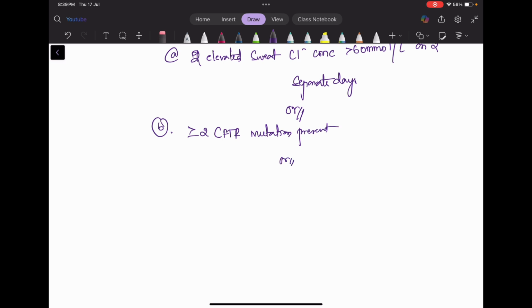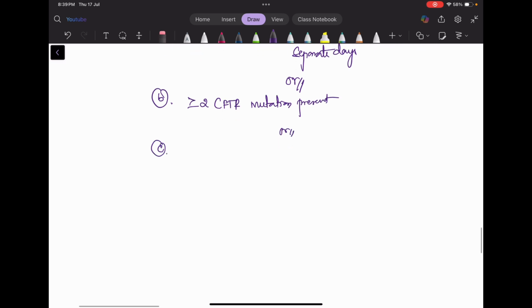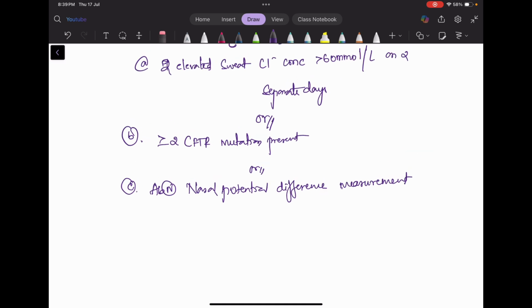Or then point C, abnormal nasal potential difference measurement. Now you have to remember this diagnostic criteria because there are no tricks and tips, it's a fact.